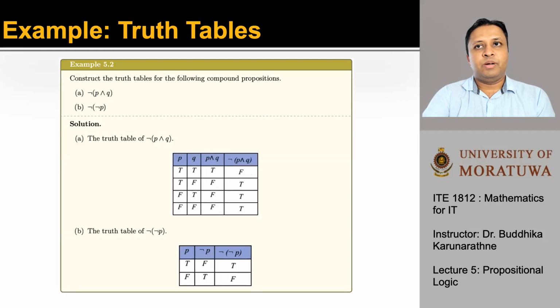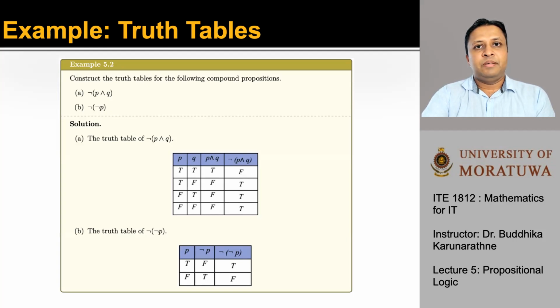Once again, going over an example. Construct the truth tables for the following compound propositions. First one is negation of P conjunction Q. How do you get that? You have the P and Q, different combinations.